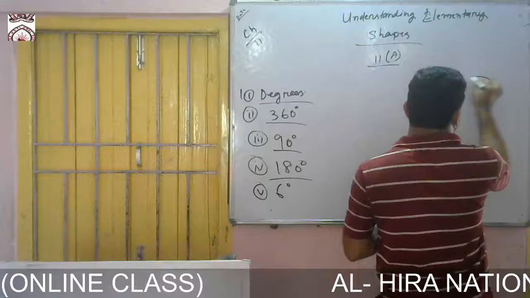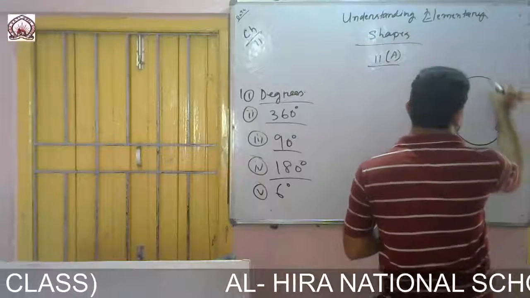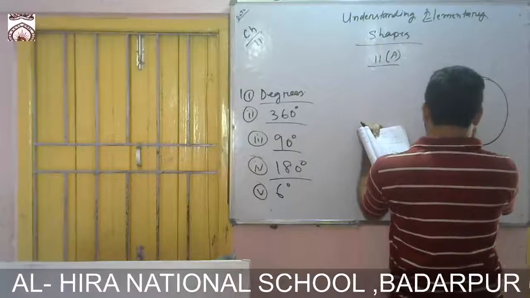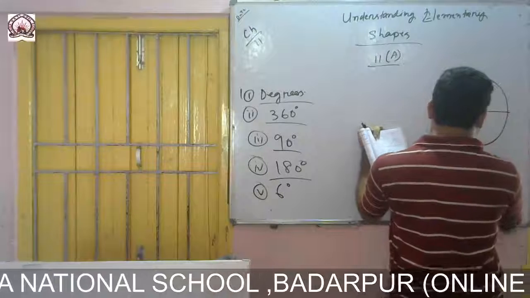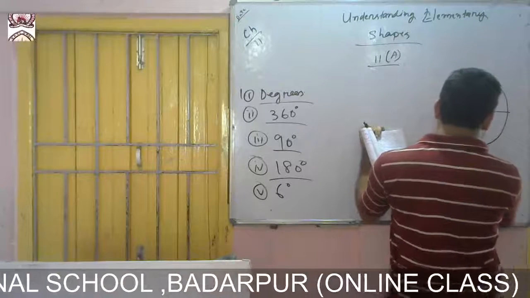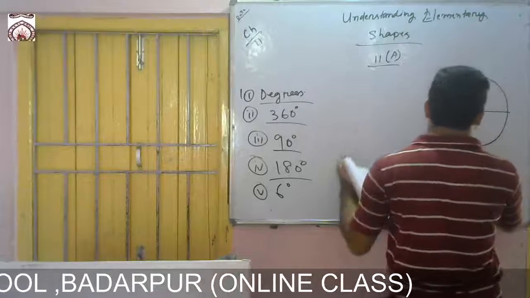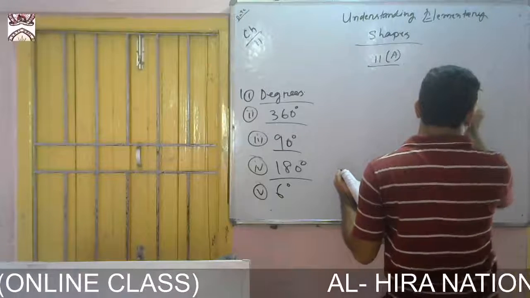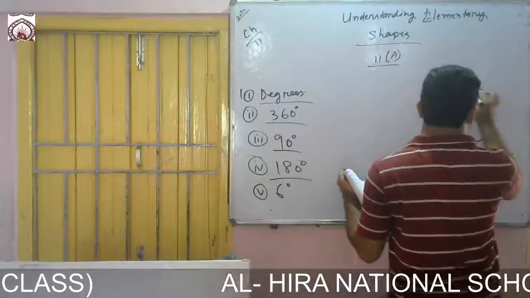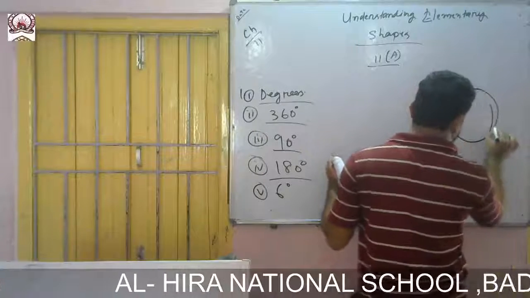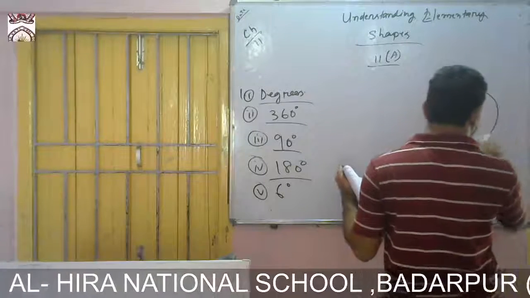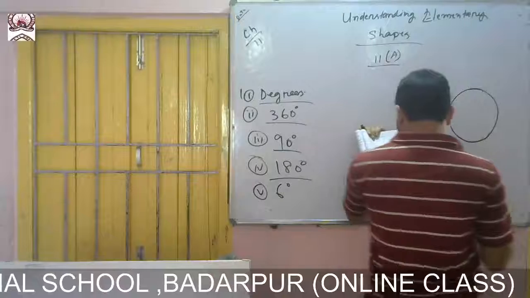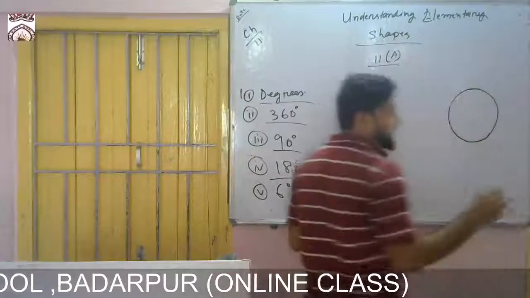This is a circle, and the circle has been divided into 4 equal parts.